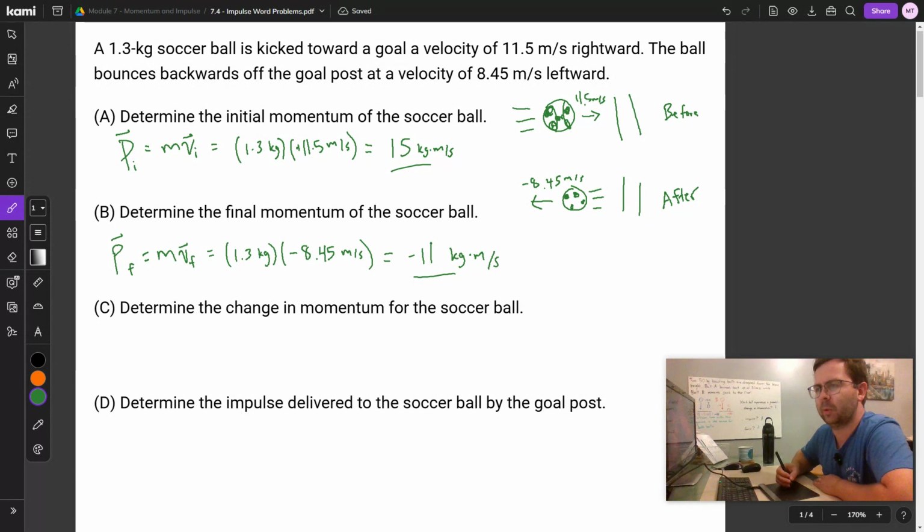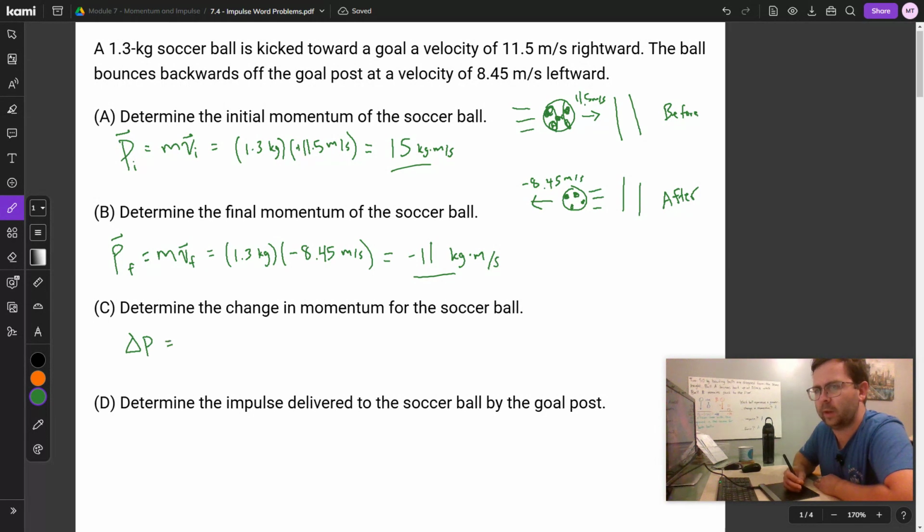Determine the change in momentum of the soccer ball. So you should be able to just look at these two numbers and tell what the change is, except you might get tripped up and think that it's only 4, but it's much more than 4 because it was moving at positive 15 and now it's moving at negative 11. So we have to find the difference between these two numbers.